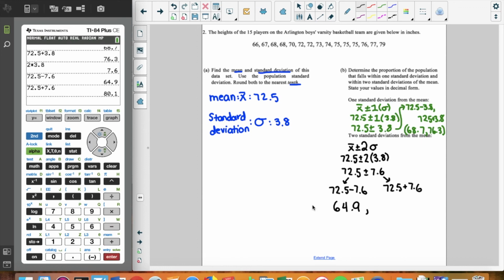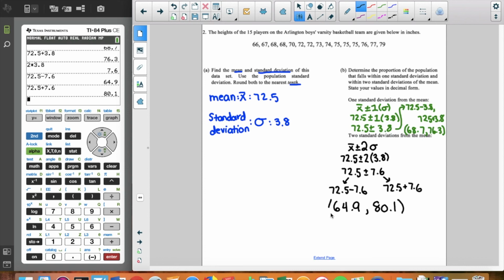I'm going to scroll back and put the plus, and then we get 80.1 when you add them. So this right here is the range within 2 standard deviations, and this was it within 1. Again, if you like the method with the line better, that is totally fine. Just know that sometimes this one does pop up.